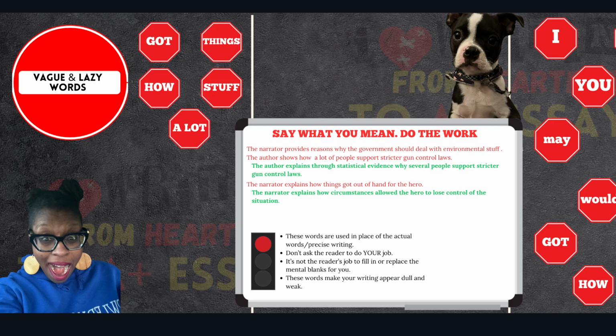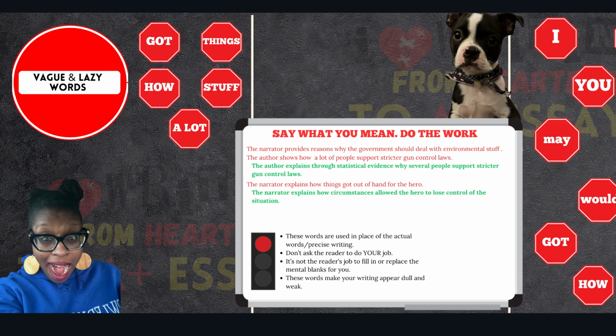You do the work. These words also make your writing appear dull and, once again, weak. You want to use strong language. You want to convey a tone of certainty, a tone of strength when you're writing any essay. So instead of "the author shows a lot of people support stricter gun laws," say "the writer explains." Shows how? Well, how does the author show? "The author explains through statistical evidence why several people support stricter gun laws."